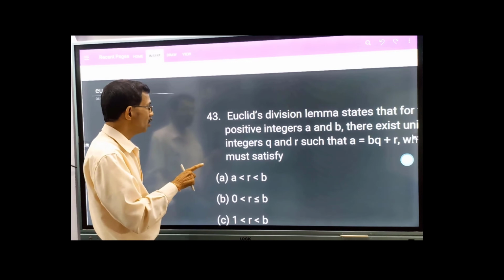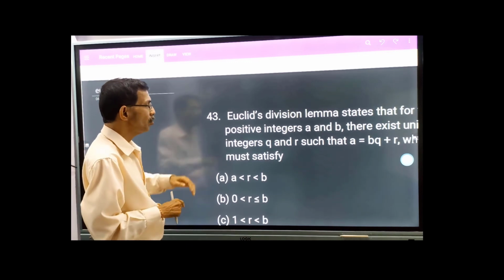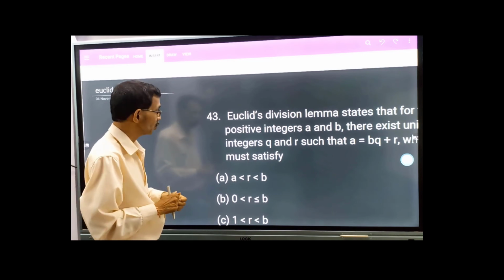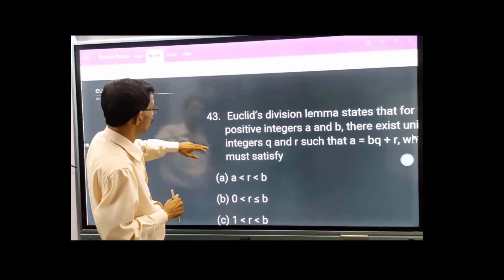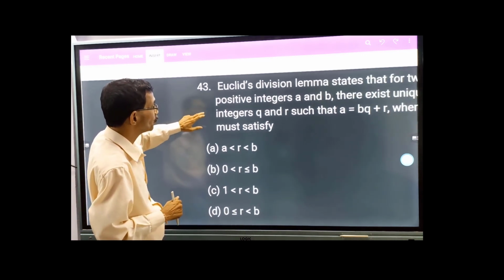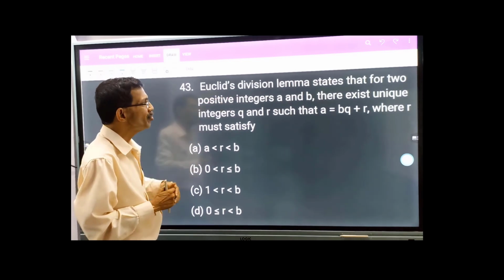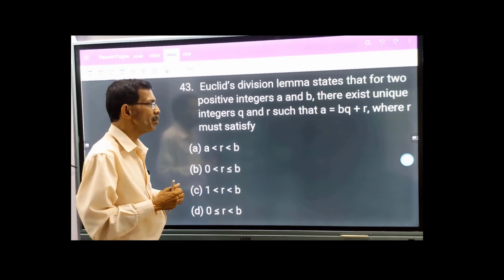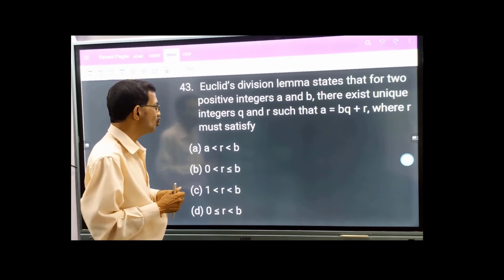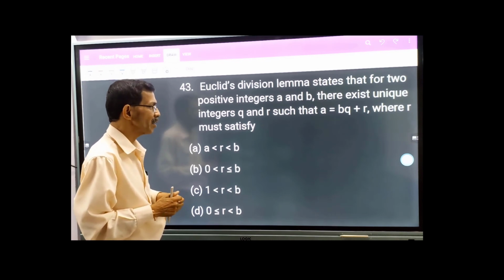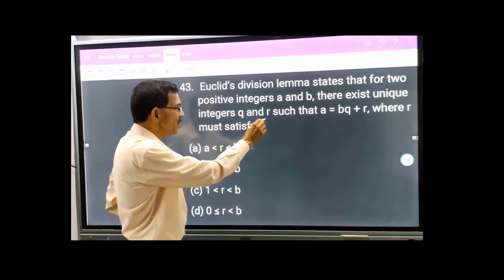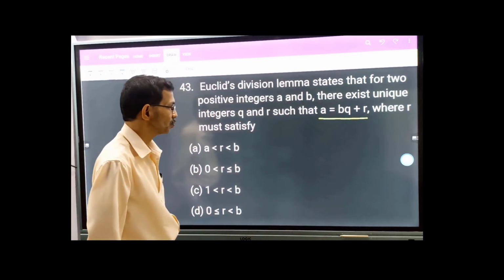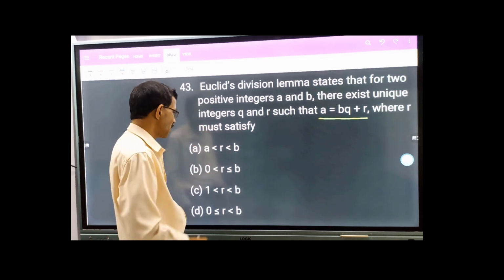In this section, we will study Euclid's lemma problems. So this is the question. Euclid division lemma states that for two positive integers a and b, there exist unique integers q and r such that a is equal to bq plus r, where r must satisfy.